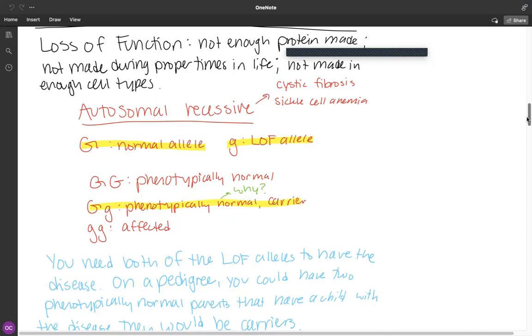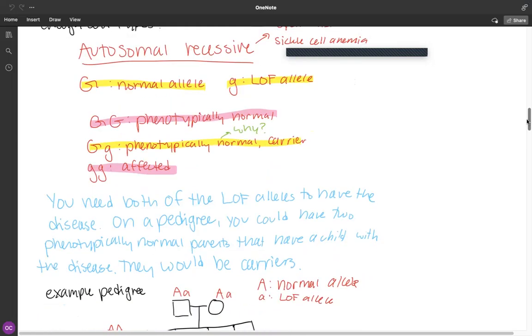So in this case, being homozygous dominant is phenotypically normal, you're not a carrier, and homozygous recessive is affected. So you're affected by the autosomal recessive disease because you have 2 loss of function alleles. So you need both of the loss of function alleles to have the disease.